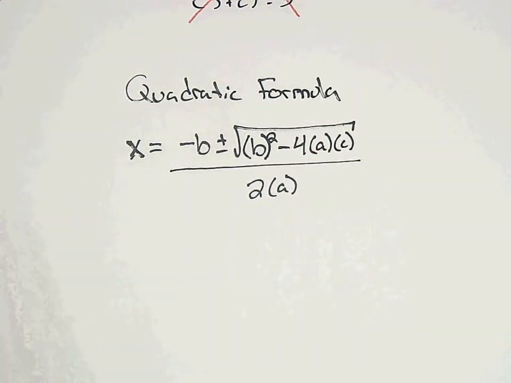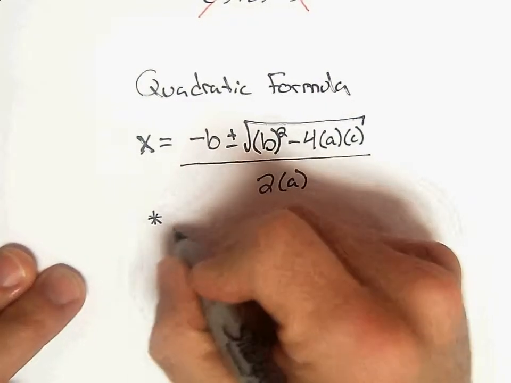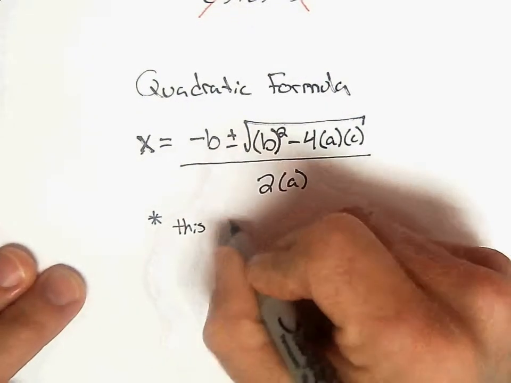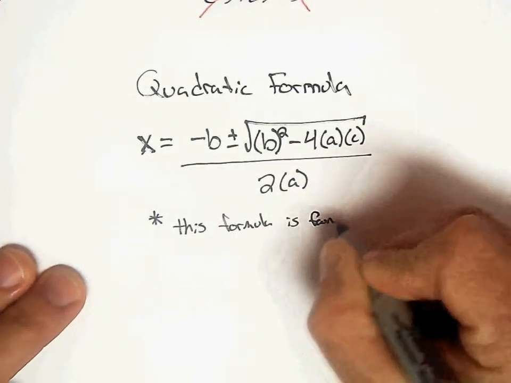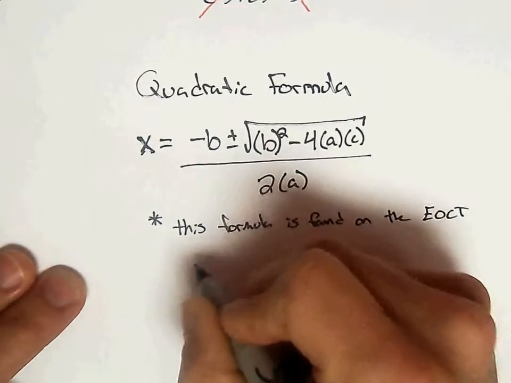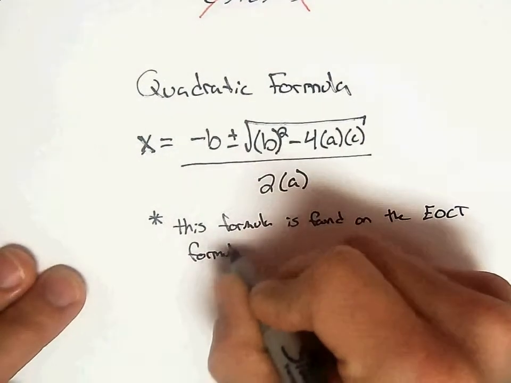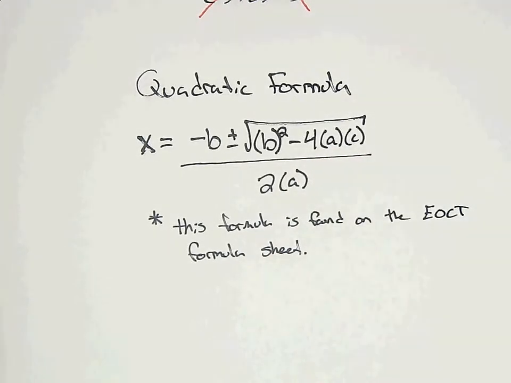You don't have to memorize it. So just so we're aware, this formula is found on the EOCT formula sheet. And because it's found on the EOCT formula sheet, that allows me to be able to give it to you on any test and any quiz that we do in this class. So you do not have to memorize this formula.